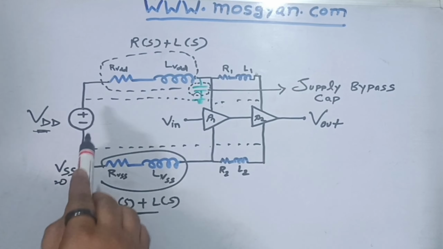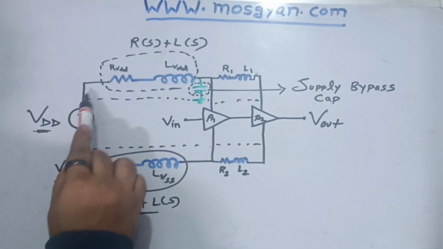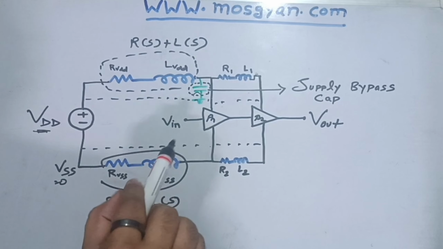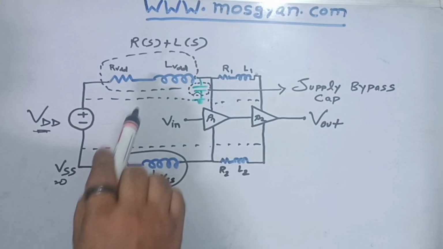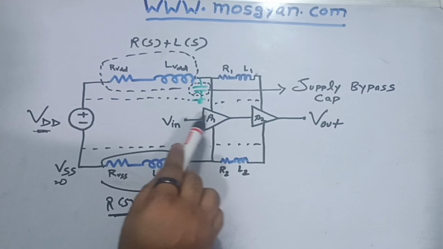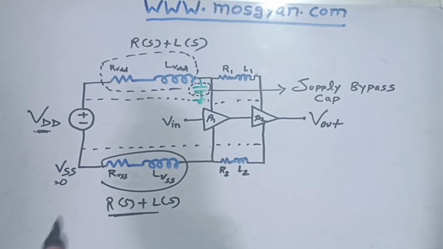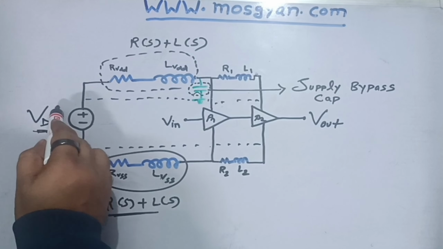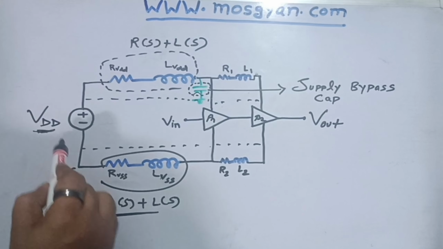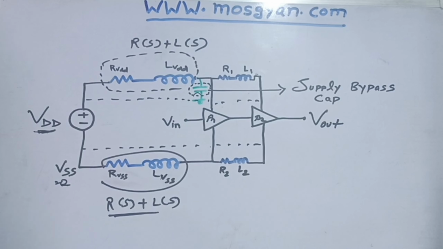If the metal wire drawn between VDD and the op-amp is very short, the R and L values will be small. If the metal drawn between VDD and the op-amp is very long, the R and L values would be high. Because of this impedance, we will see some drop in the supply voltage and some drop or rise in the ground voltage also.